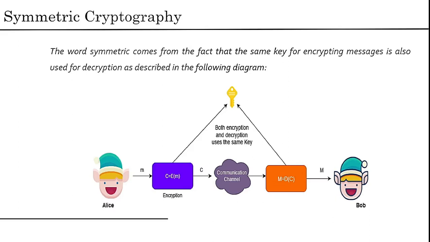The word symmetric comes from the fact that the same key for encrypting messages is also used for decryption, as described in the following diagram.